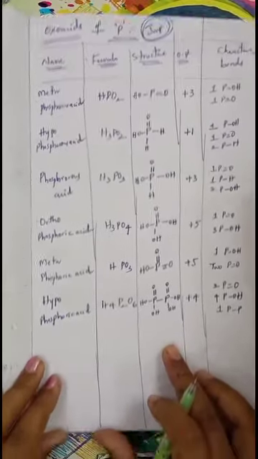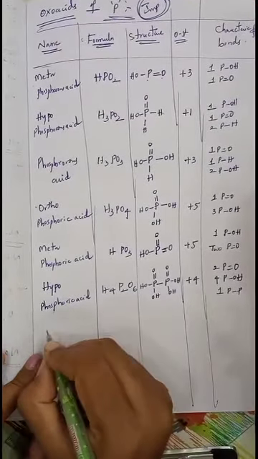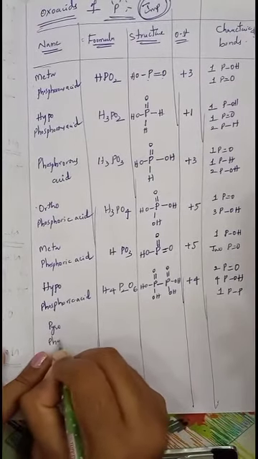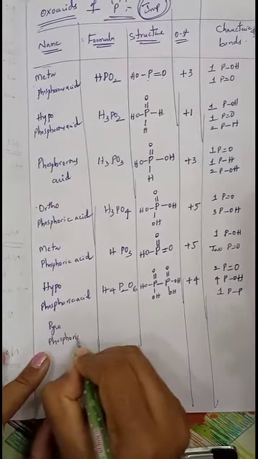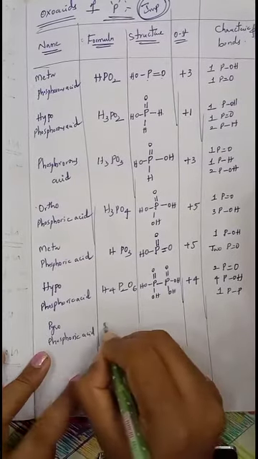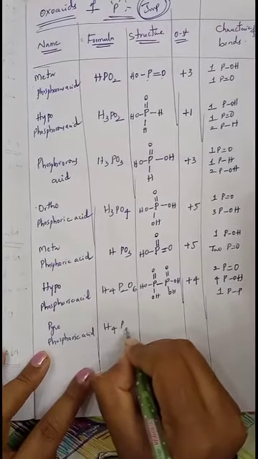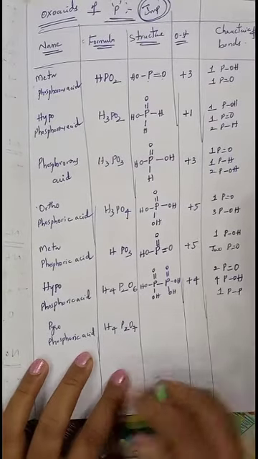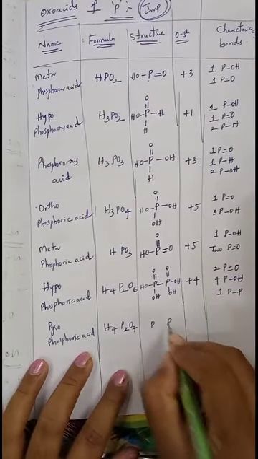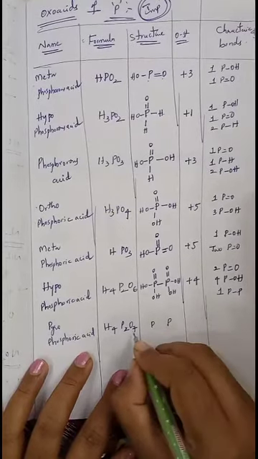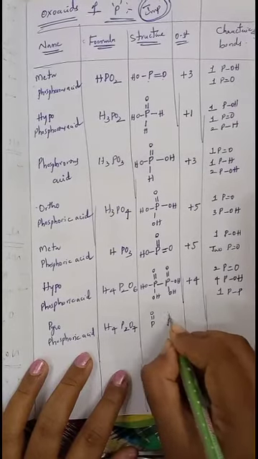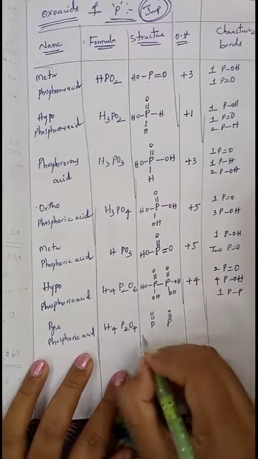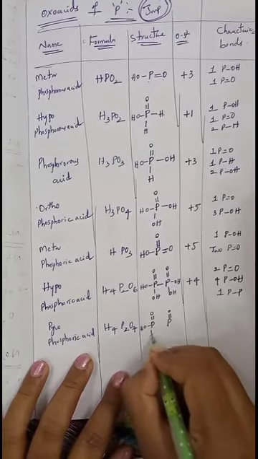Next type of oxoacid is pyrophosphoric acid. Pyrophosphoric acid formula H4P2O7. The 2 central atoms are phosphorus and phosphorus. Among 7 oxygens, 2 oxygens will make double bonds. Still 5 are there. Of those, 4 oxygens combined with hydrogen make OH bonds.